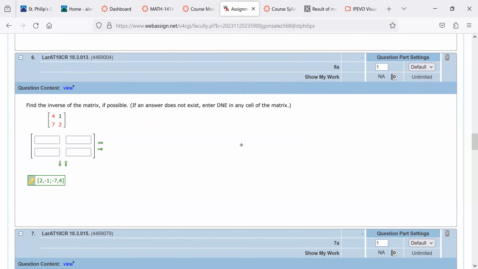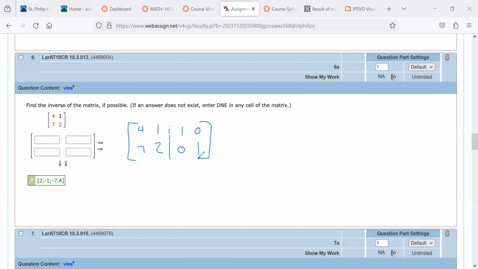Now, to find an inverse of a matrix, you can just use one button on the calculator to do it, or you can do it the long way. That's to augment the original matrix with the identity.